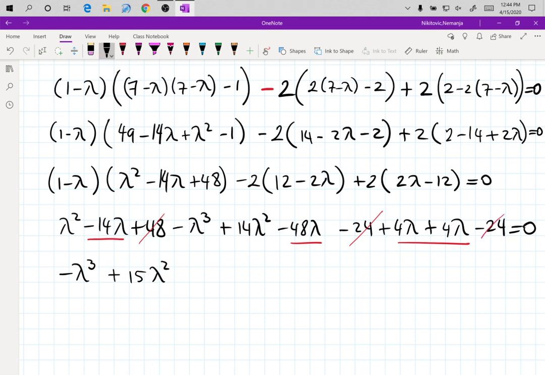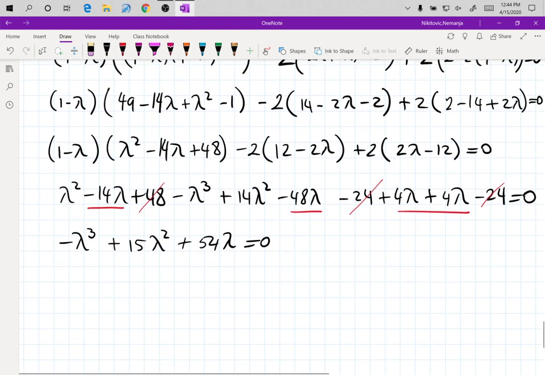So over here I have 14, 48 gives me 62. So negative 62. And then I add 8, which is subtraction. So that's 54. I just hope that this is all good. What a mess.